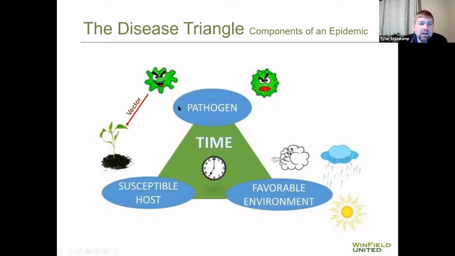Another key characteristic is time. In the past couple of years, we've actually had very good conditions for gray leaf spot. However, from a timing aspect, the conditions didn't necessarily carry through. So we had that same situation with the white mold as we did for the gray leaf spot.